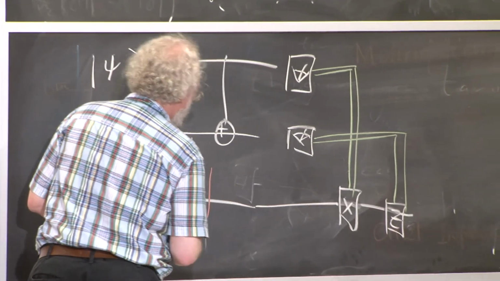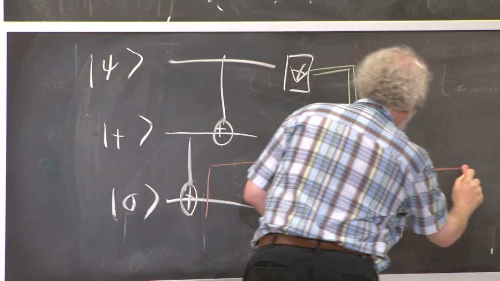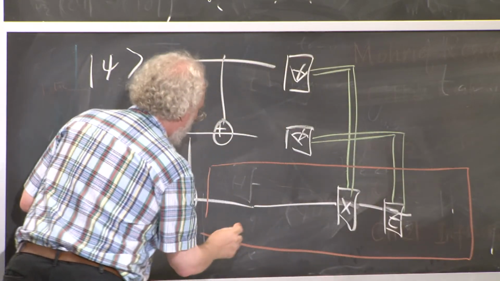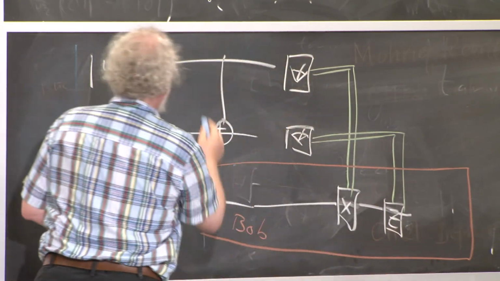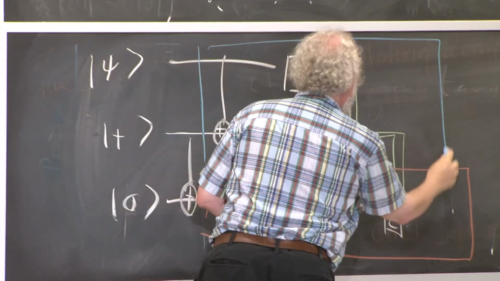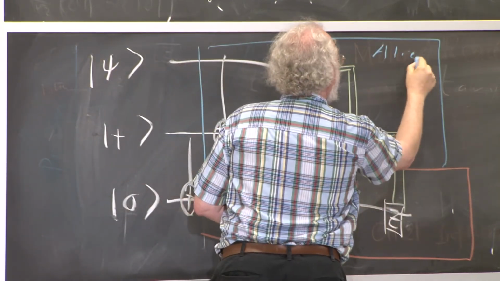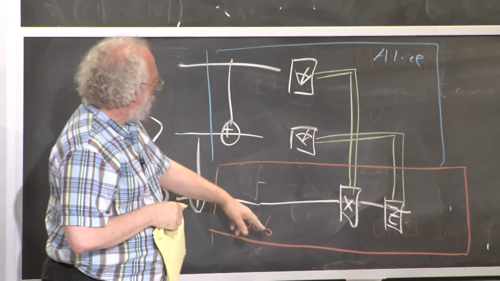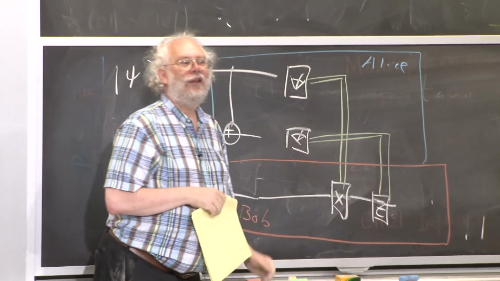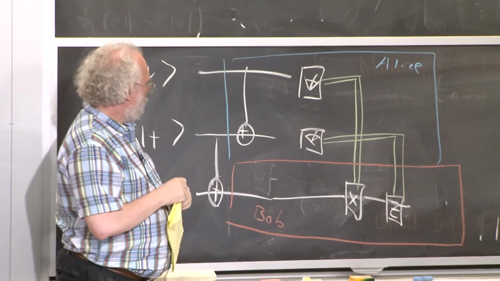So Bob owns everything here, and Alice owns everything up here. And the only thing going from Alice to Bob are these 2 green classical bits.